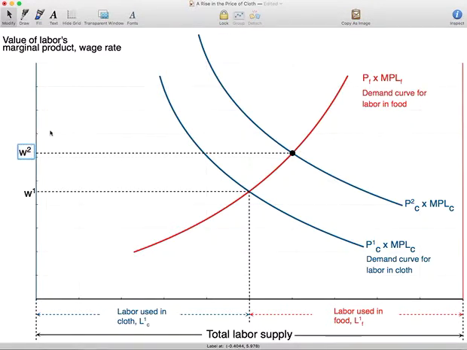So that would be the new equilibrium wage rate in this particular economy. So we see that the wage rate will increase. Let me draw that in. So we see an increase in the wage rate, but it would not be the equivalent to the 7% increase.